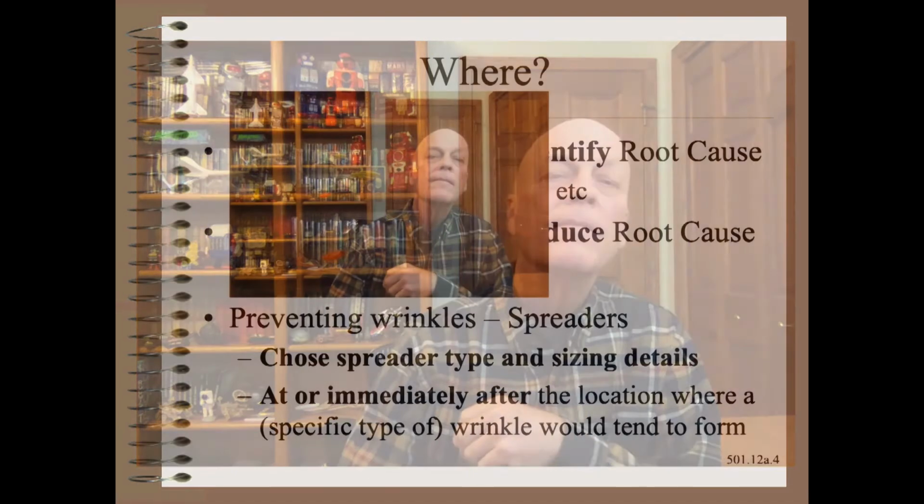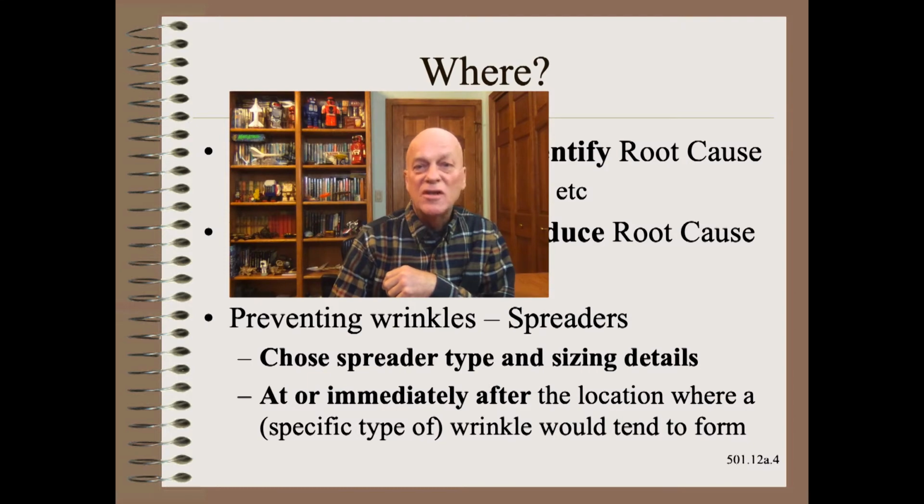However, in some cases, the root cause is the very application that enables our product. Examples here would include coating or heating. Reducing those root cause insults would handicap the product line. As a last resort, we would include spreaders in lieu of reducing coating weight, or even shutting off the coater as an example. The third step is to choose the spreader type and the sizing details related to that application and that spreader type.